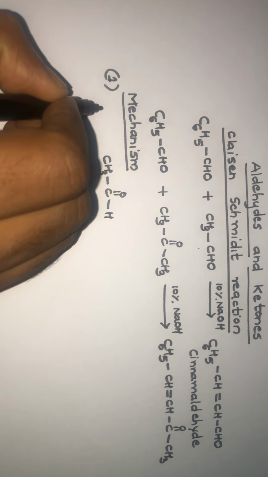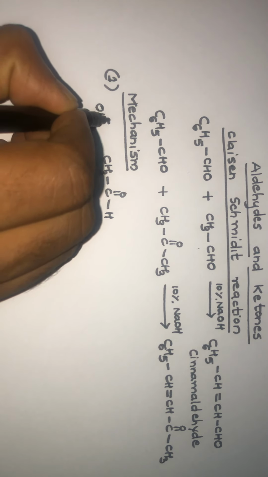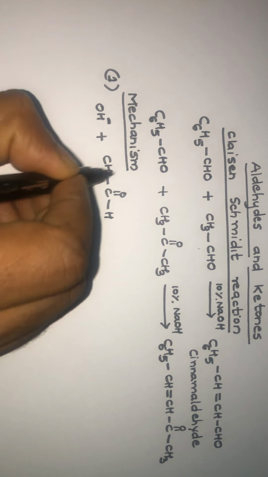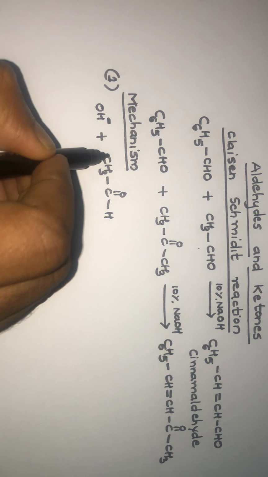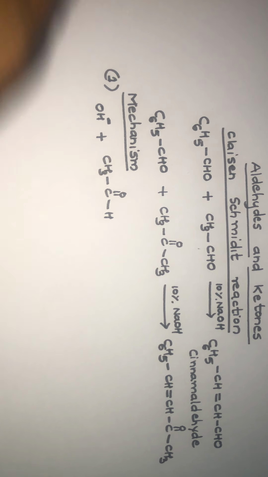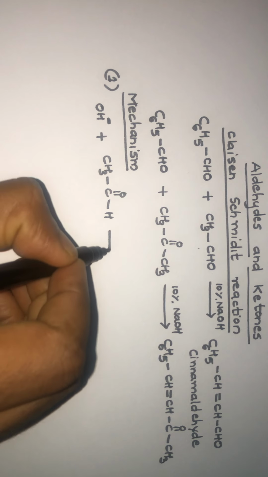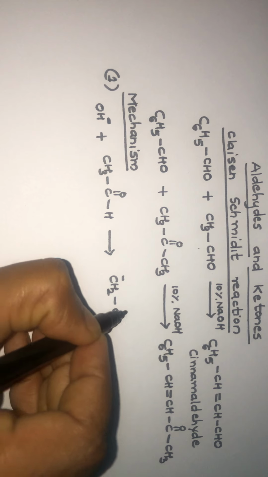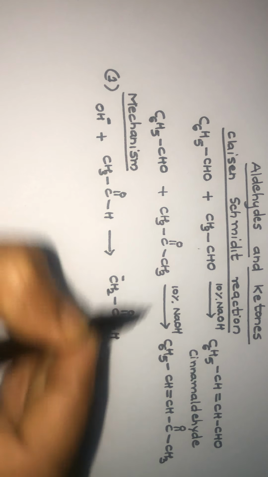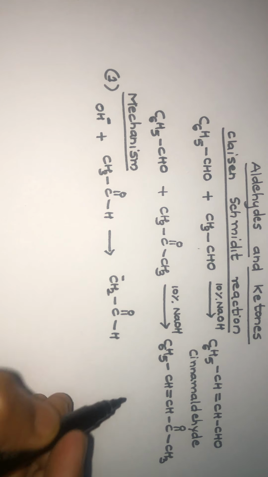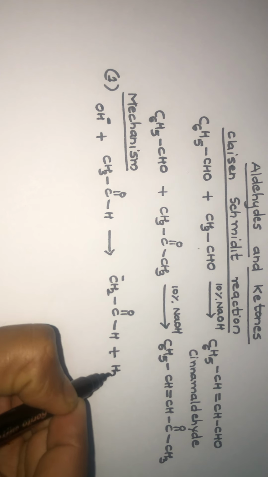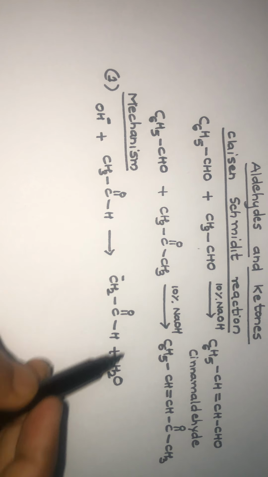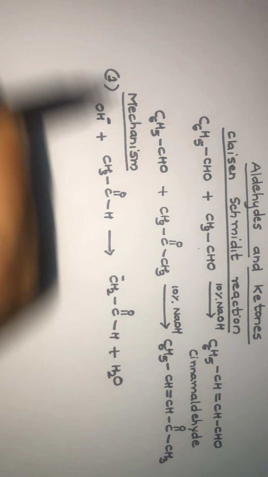The base that you have used abstracts this proton, resulting in the formation of CH2(-)-C(=O)H, plus H2O. So in step 1, the base abstracts the proton and generates an anion.